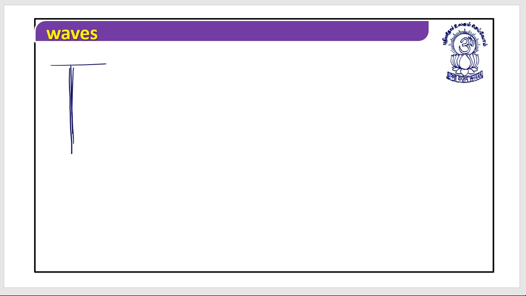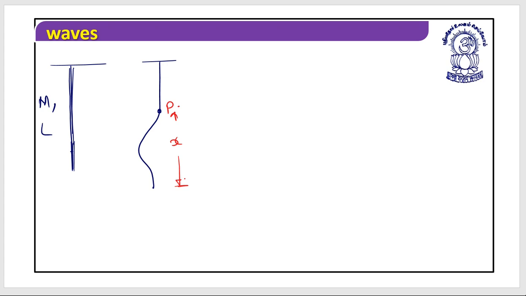Let's suppose this is a rope having mass m and length L, and I have given a pulse over here, and this pulse has started moving, and let's say this is the point P, and this is the distance x.